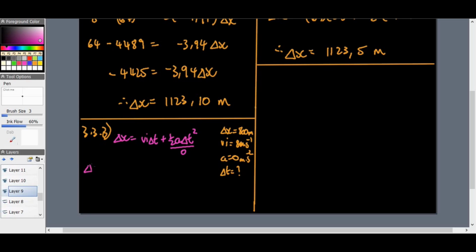So we're just going to be left with delta X is equal to VI delta T. So delta X is 800, and here we've got 8 times delta T, so we divide both sides by 8, and therefore delta T should be 100 seconds. Alright, awesome. So 100 seconds to travel that 800 meters, which is about 1 minute and 40 seconds.